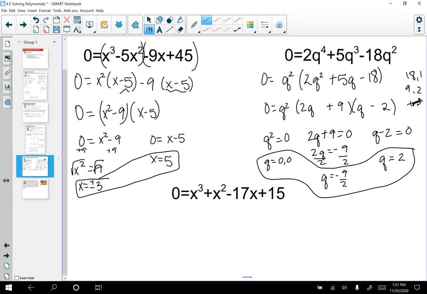Okay, so I look at 15. What are my factors of 15? Well, 15 and 1, and 5 and 3. And I look at what's my leading coefficient? Well, it's 1, so I only have one option there. So what are my possible roots?